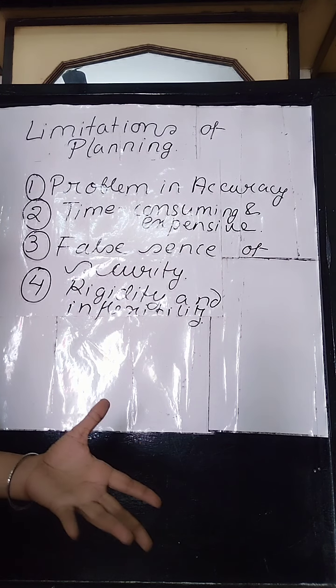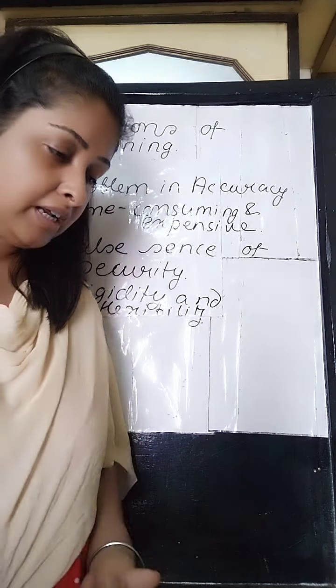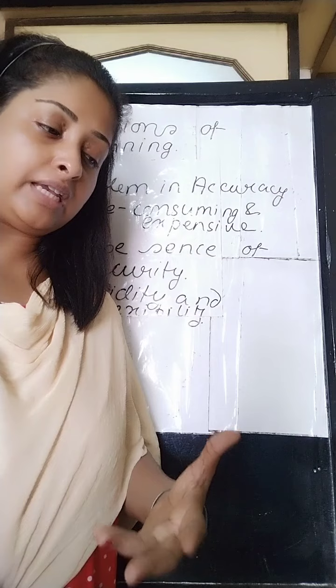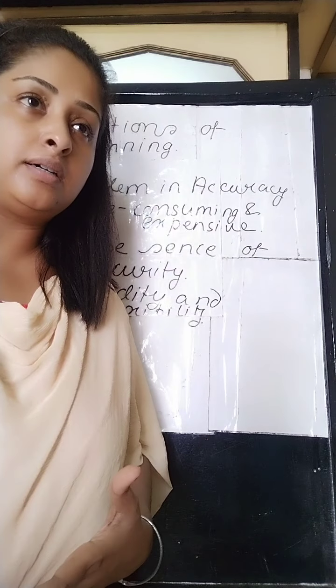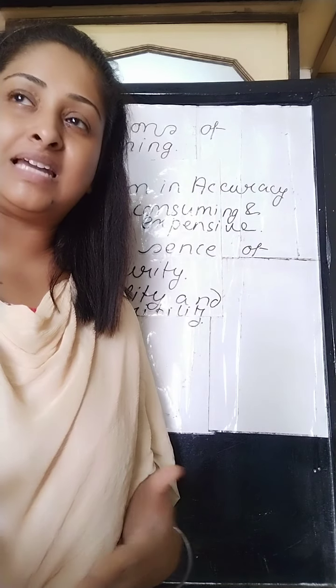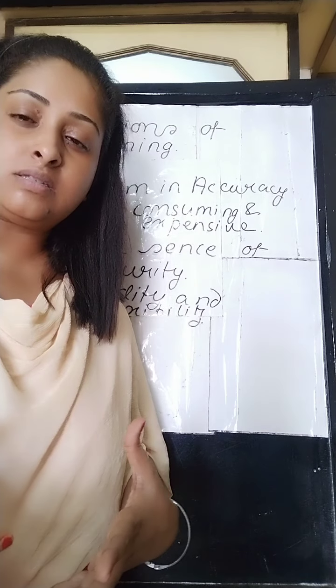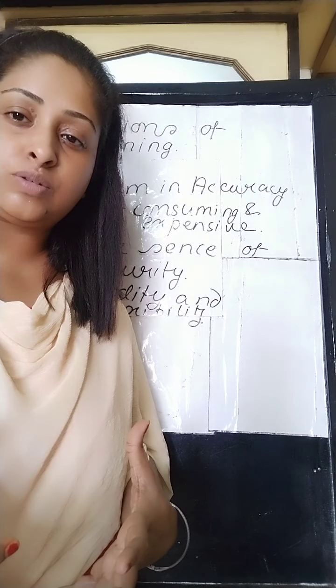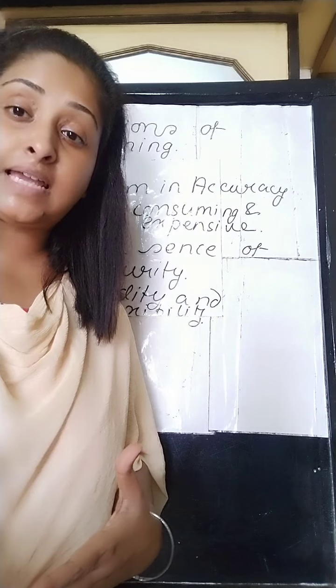This may lead to internal inflexibility. This restricts the employees in terms of their working freedom, in terms of their initiative. They cannot work according to the changing environment. Adaptability is less. So it is much more rigid. It is not so dynamic in nature.